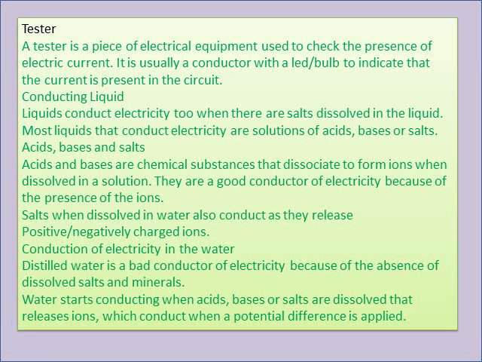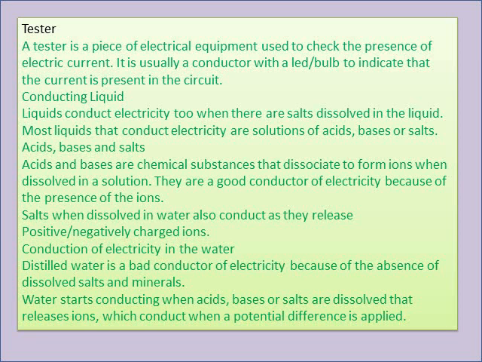So let us see one by one what they are. Conducting liquids: liquids conduct electricity when there are salts dissolved in the liquid. Most liquids that conduct electricity are solutions of acids, bases or salts. What are acids, bases and salts?